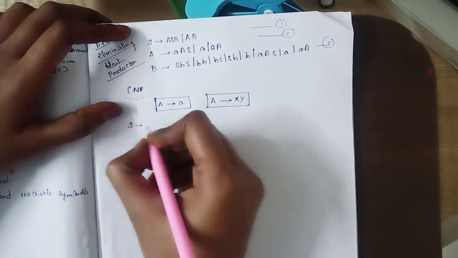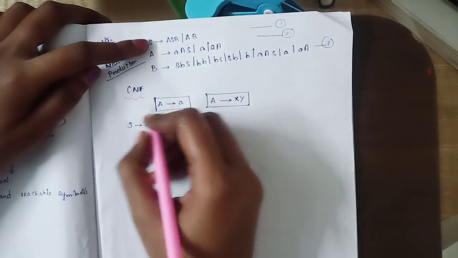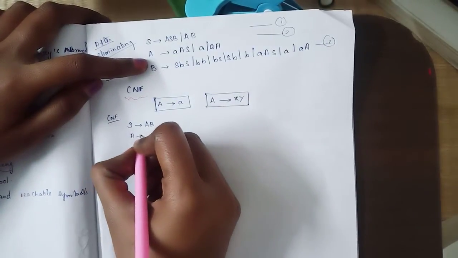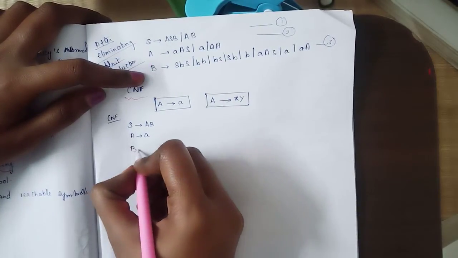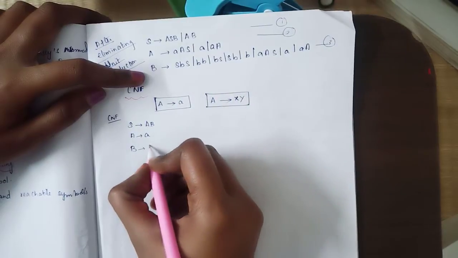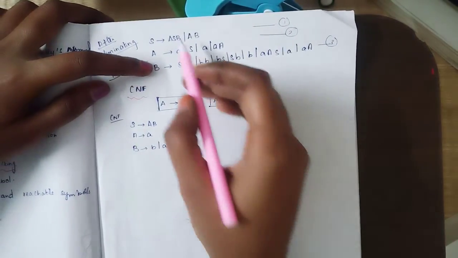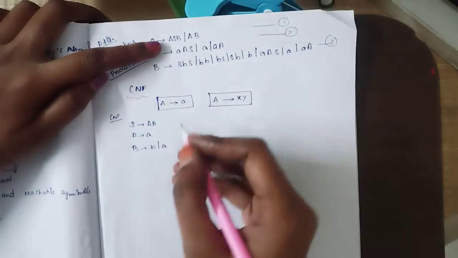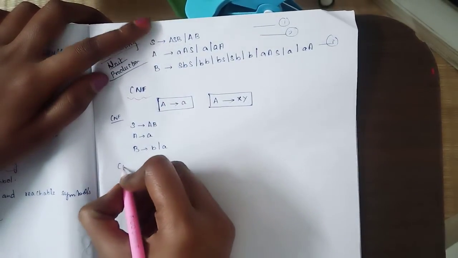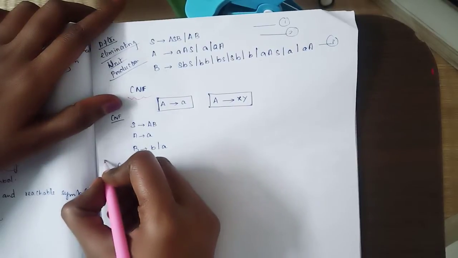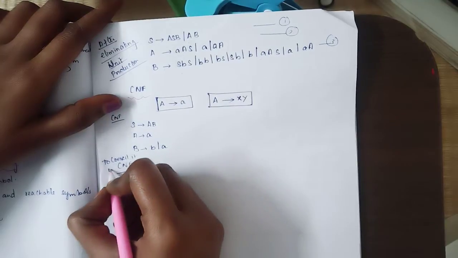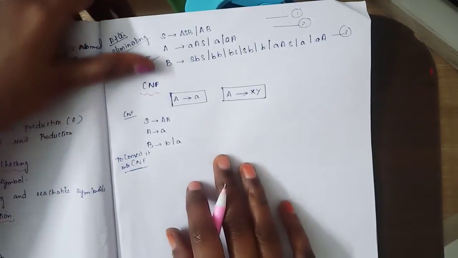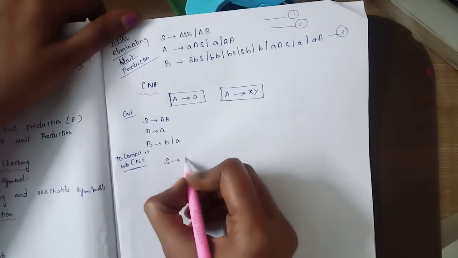Here S tends to AB, so it is already in CNF. S tends to AB, and A tends to a, and B tends to b or a. Now for example, I have a grammar which we have to convert into CNF. Here S tends to ASB.